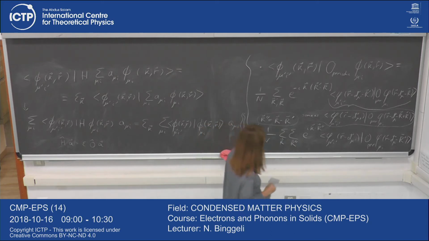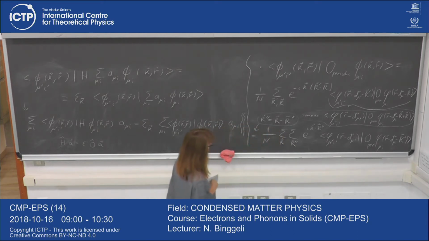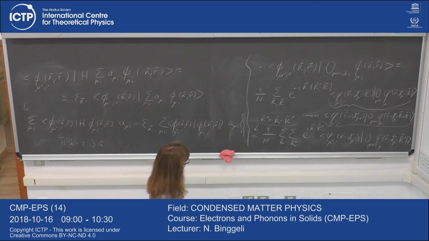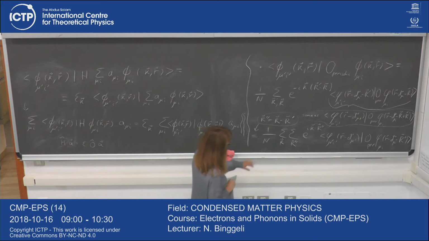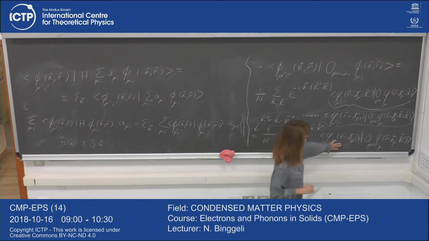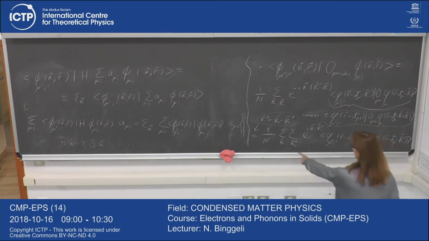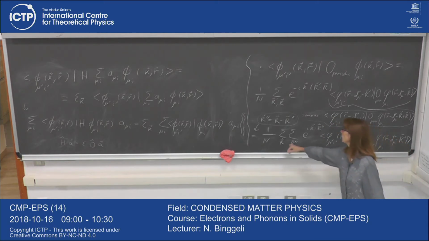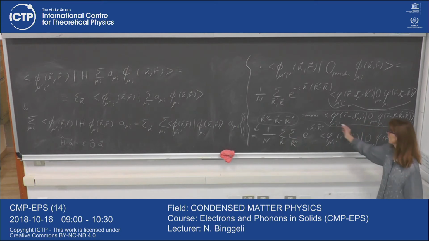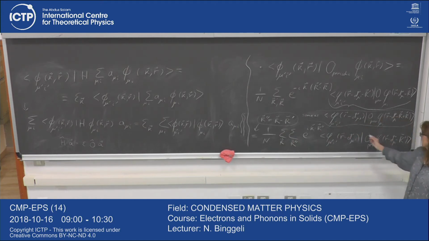So I just rewrote the whole thing, but this doesn't depend anymore on R. So basically I'm summing n times the same thing, because this depends only on R second prime.